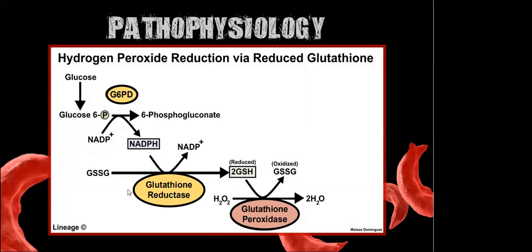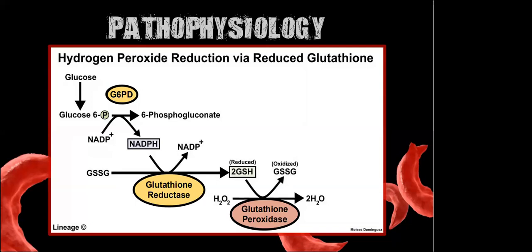In this process, the glutathione becomes oxidized glutathione. Then we need another enzyme, glutathione reductase, to convert the oxidized glutathione back to reduced glutathione so that it can act as an antioxidant.